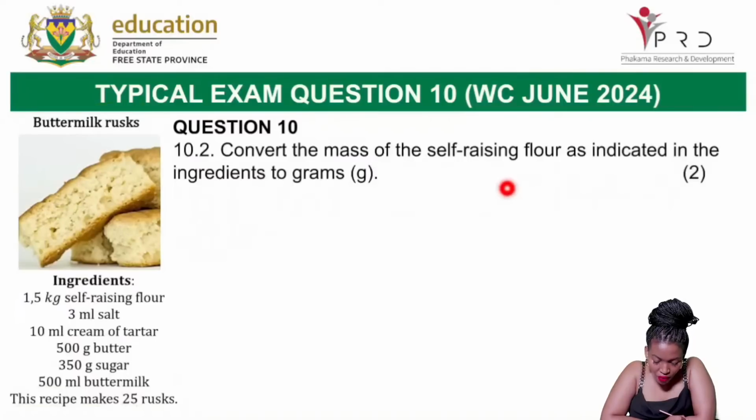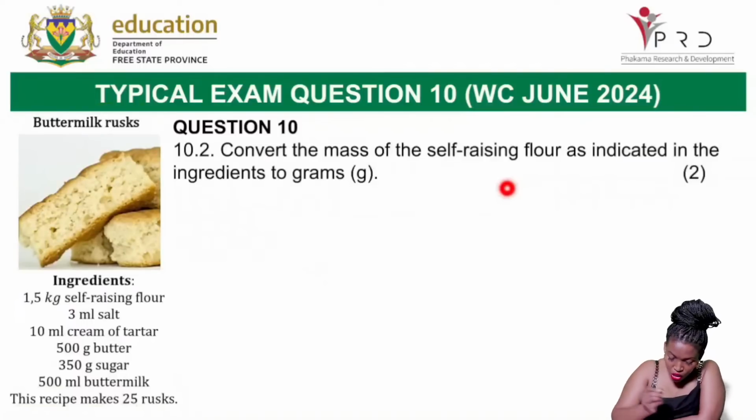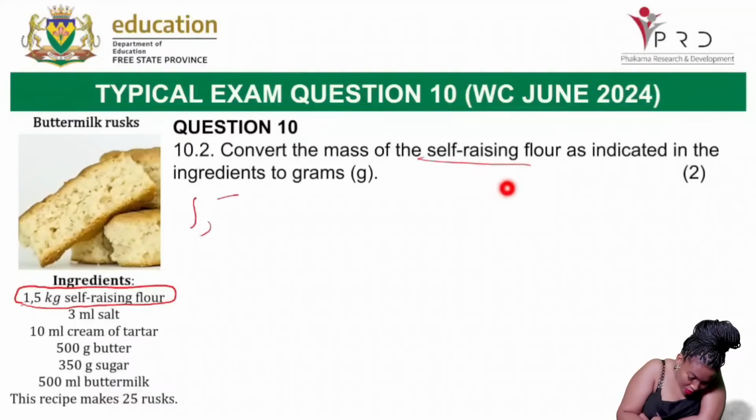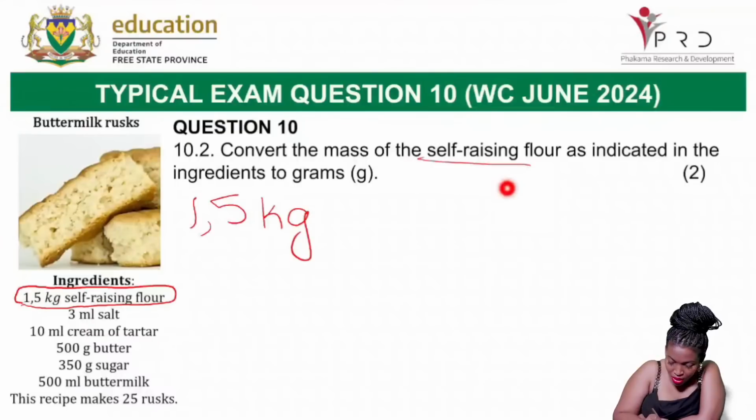10.2, convert the mass of the self-raising flour as indicated in the ingredients to grams. So let us first check for self-raising flour. There is the self-raising flour. The mass is what? It's 1.5 kilograms. So what must we do? We must convert this to grams.